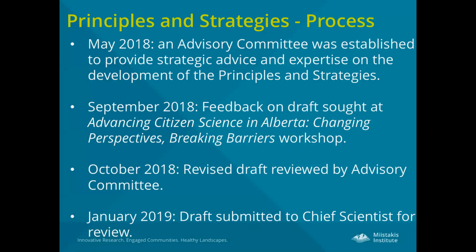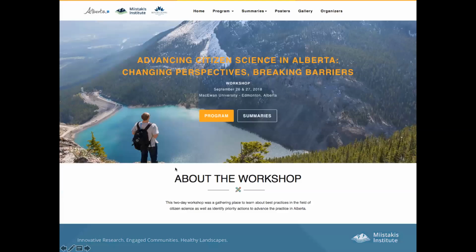We worked through the development of principles, and those draft principles were presented at a workshop held in September 2018. This workshop brought together citizen science practitioners across the province, had international experts at it, and feedback was solicited on the draft principles.